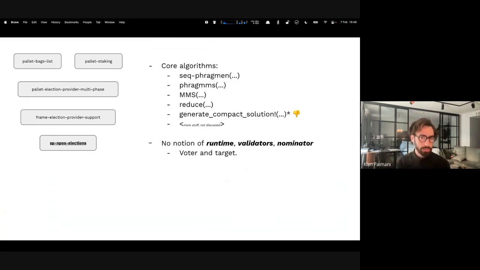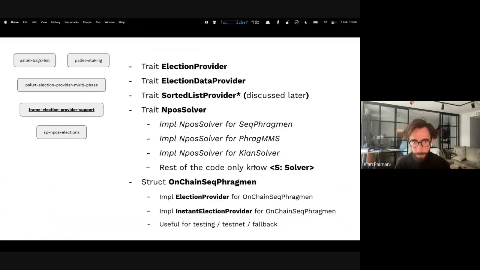This macro should live inside of FRAME, because it is FRAME-dependent and it would make its code a lot easier if it had access to something as simple as the weight type or some other FRAME primitives. Anyway, for now, this is where all the completely generic algorithms live. Then we have frame-election-provider-support.